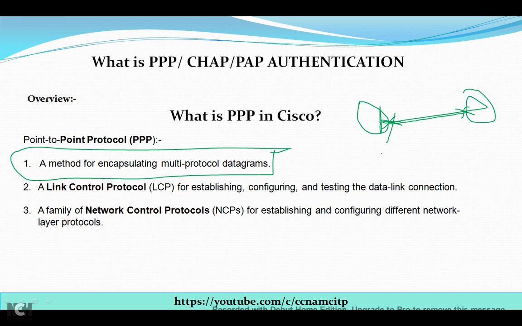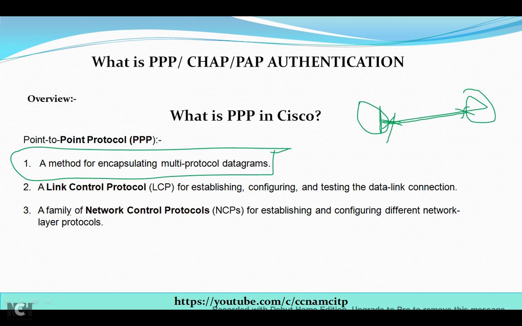So basically we configure this if you have a VPN or MPLS connection. In that kind of scenario you can configure PAP or CHAP authentication, whatever you want. This is also very helpful for testing the connection we have made.